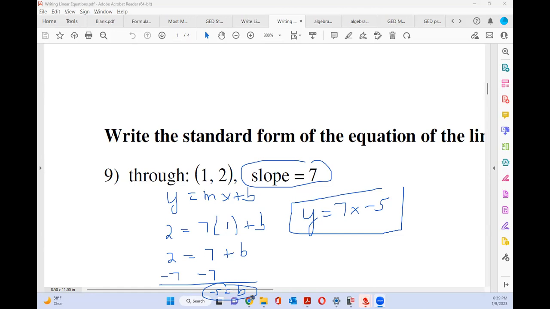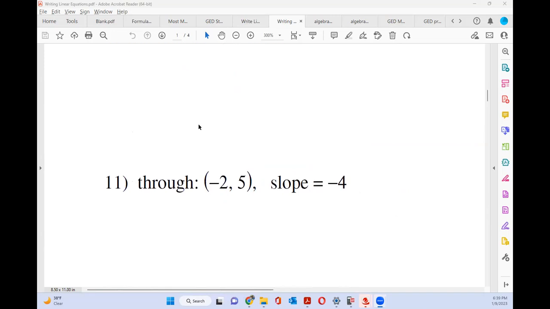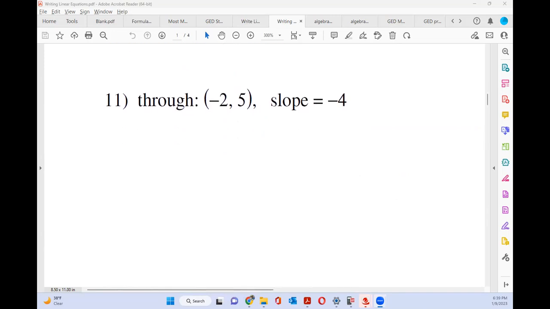So again, let's try another one fairly quickly right here. I'm going to do it my way, and you can do it whatever way you want: y equals mx plus b. My y is what? 5. My slope is what? -4, multiplied by x.